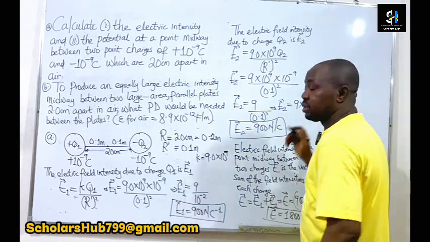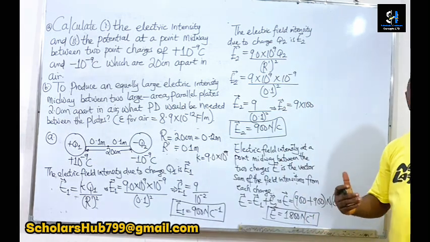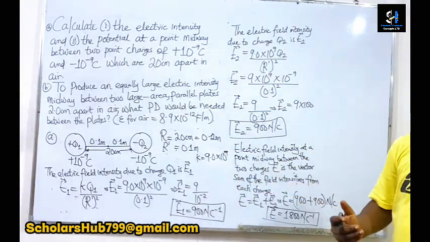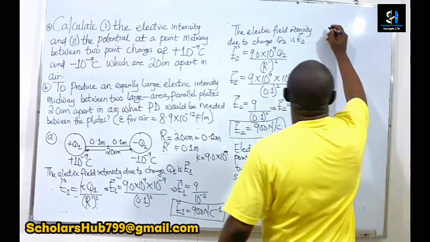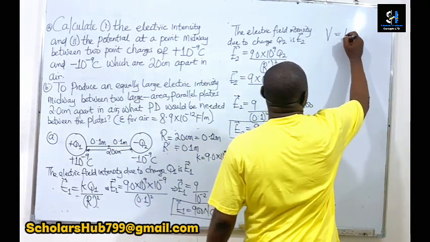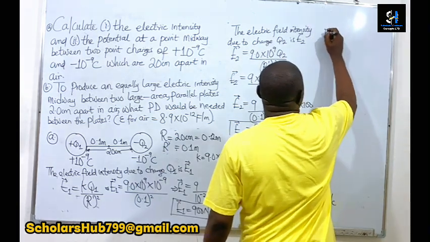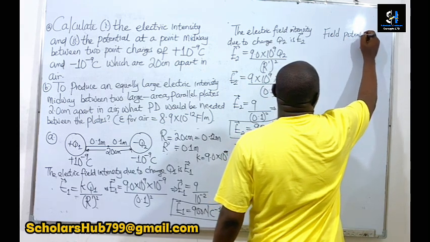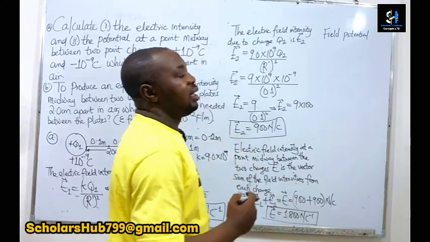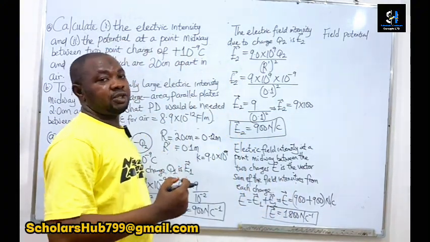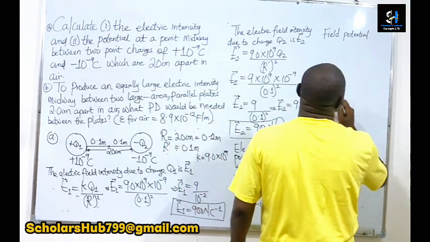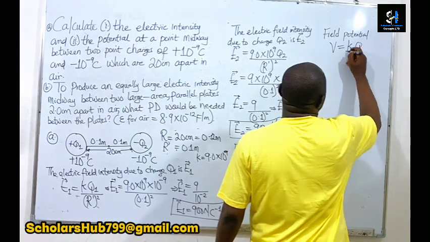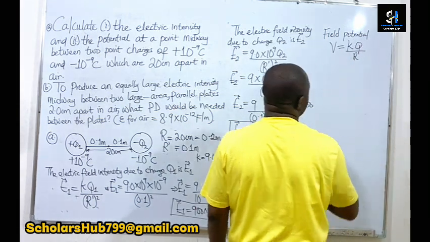All right, so field potential measures the work done in carrying a unit positive test charge from infinity to a point. So field potential in this case will be V equals KQ over R, where R will be R prime in this case.